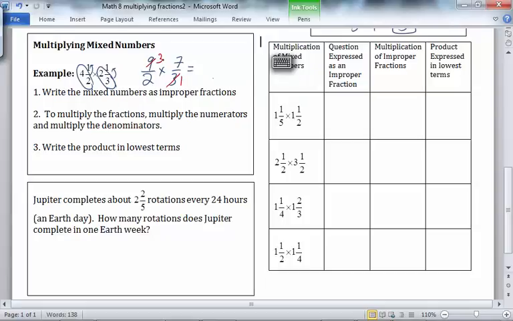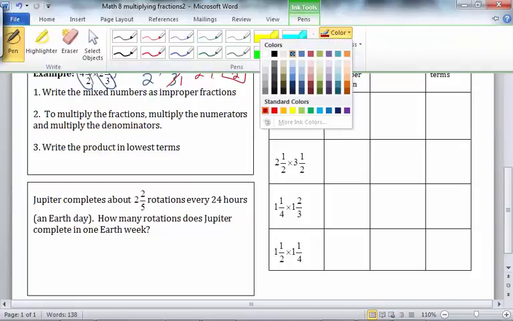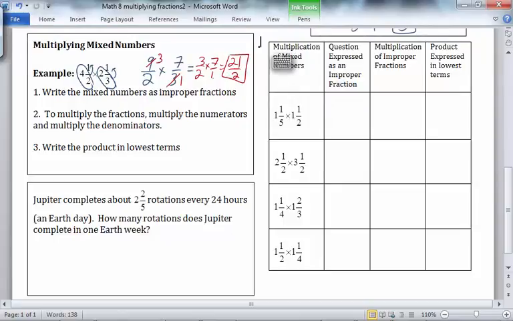So check this out. If I have the question now as 3 over 2 times 7 over 1, that ends up being 21 over 2. I got to the same place. It doesn't matter. Sometimes you can do your reducing in the question, sometimes you can wait until the end. Whatever you choose, you'll get the right answer both ways. I just wanted to give you a heads up in case you're seeing that trend as well.